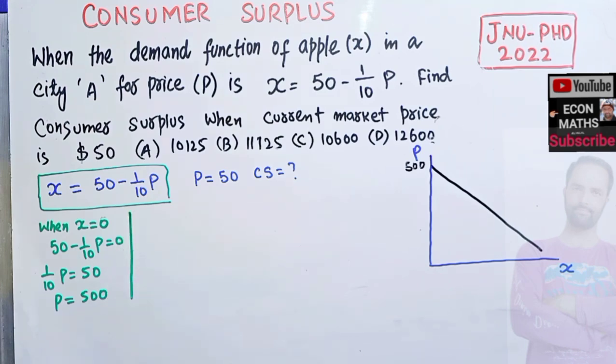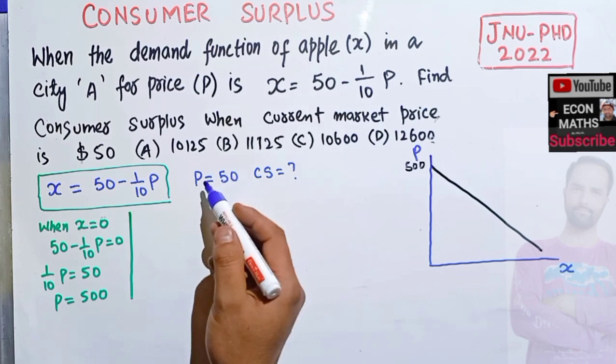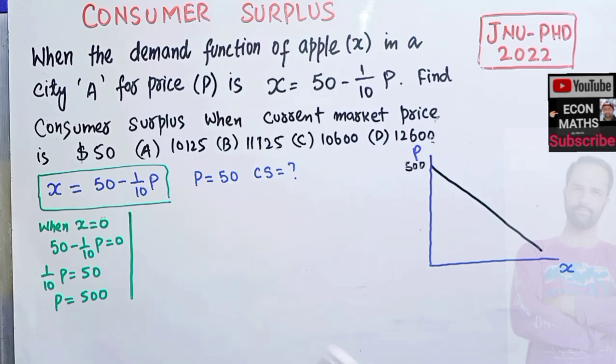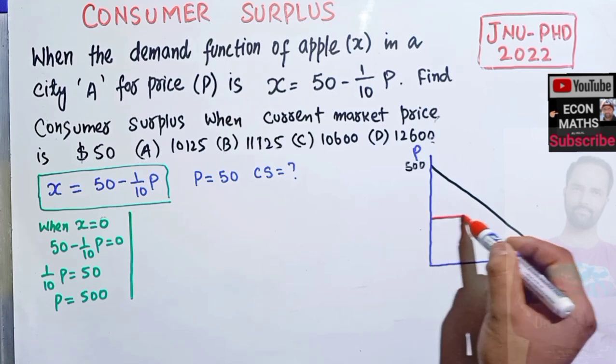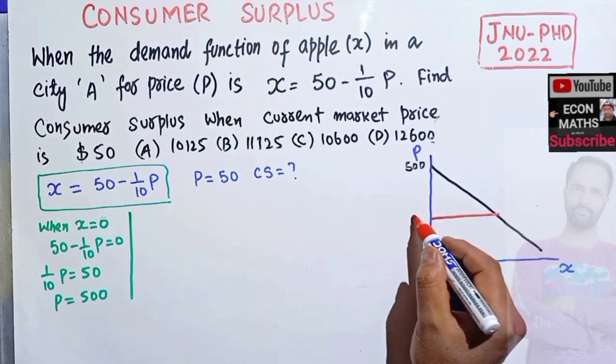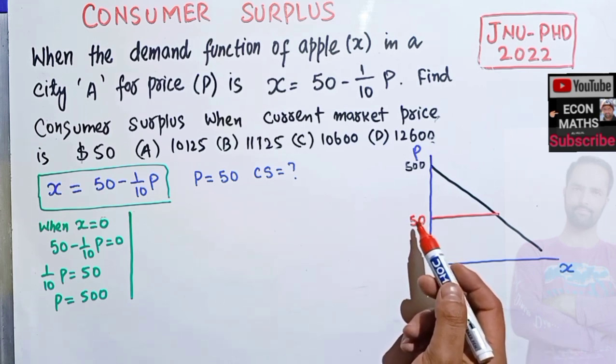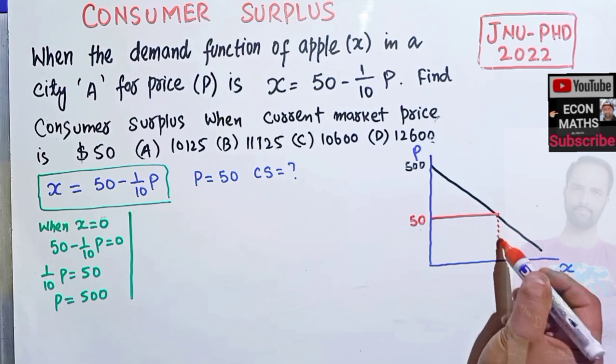Next thing is we are being given that price is equal to 50. So current price is 50. Let us draw it here. So the current market price is $50. Corresponding to this price of $50, we need to find out the quantity demanded.